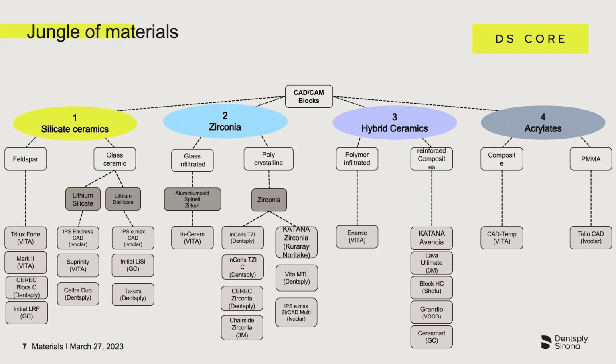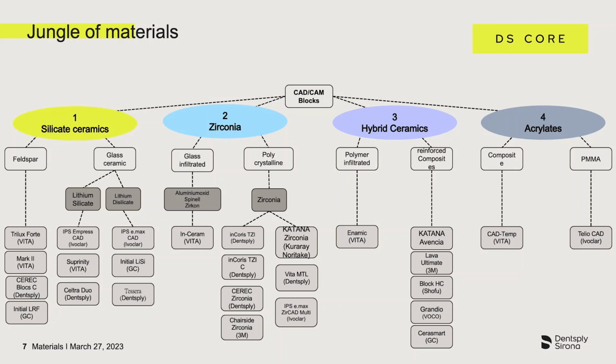Basically, the CAD/CAM blocks can be divided into four major material groups, which we have marked in different colors here in this overview. Please take note for further presentations. These color markings of the different main groups will run through all presentations. This gives us a good reference at all times, and we can always easily recognize and assign these material groups.